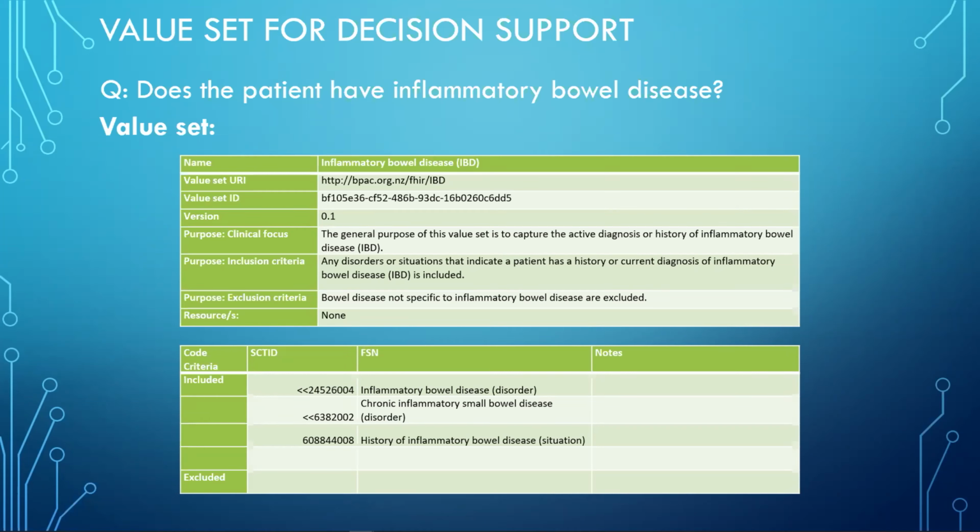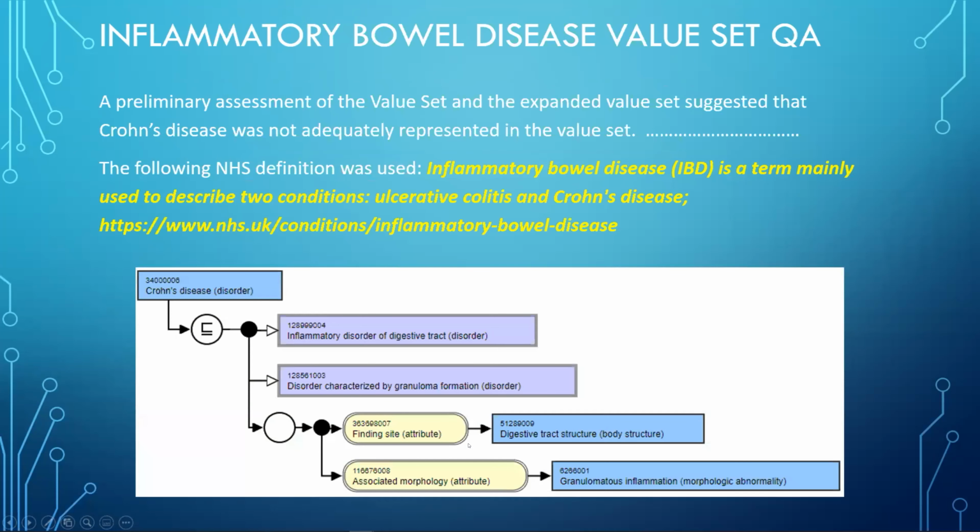So here we are, our first attempt to develop a value set for inflammatory bowel disease. We included these 3, and exploded these 2, and included history of inflammatory bowel disease. And in the QA process, I was looking at that and going, oh, that's odd. There are not a lot of Crohn's disease codes in there, which obviously caused me some disquiet.